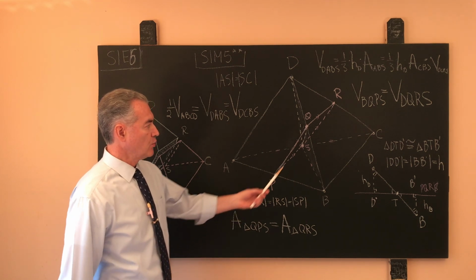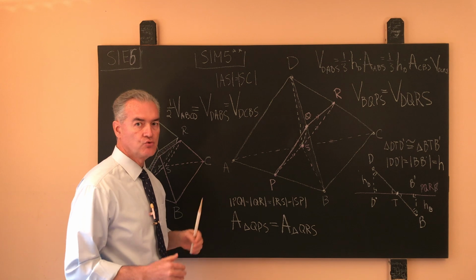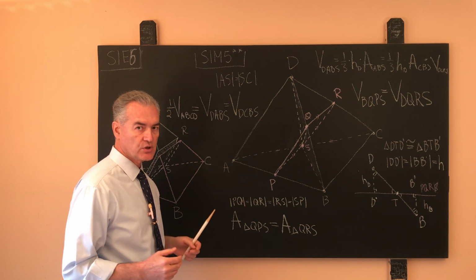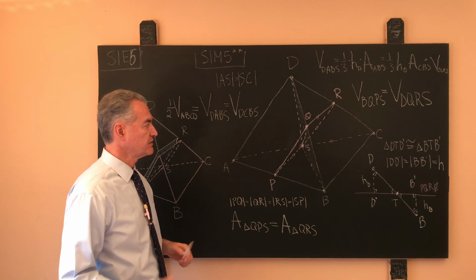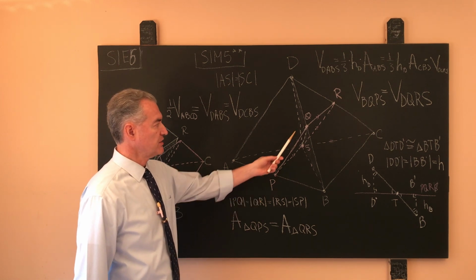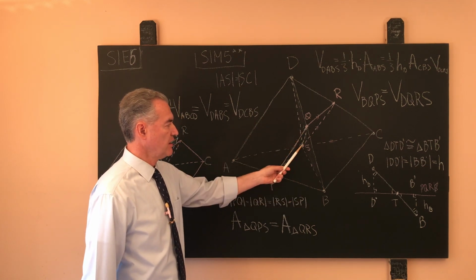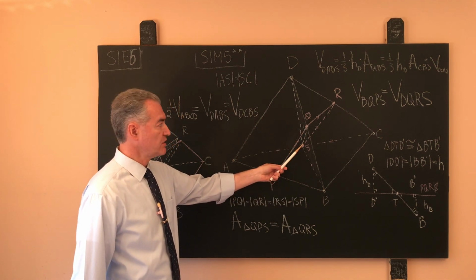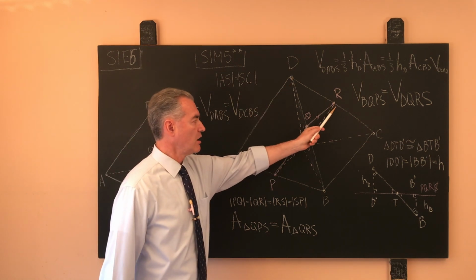That is, with the line segment QS, we actually generate two more, even smaller tetrahedrons in this particular case. That is, we generate a tetrahedron BQPS, and we generate a smaller tetrahedron DQRS.